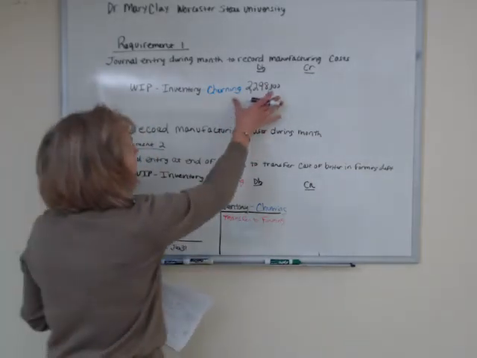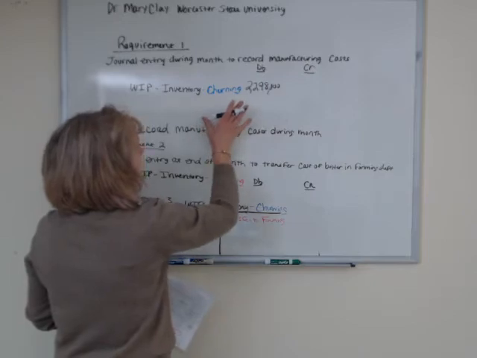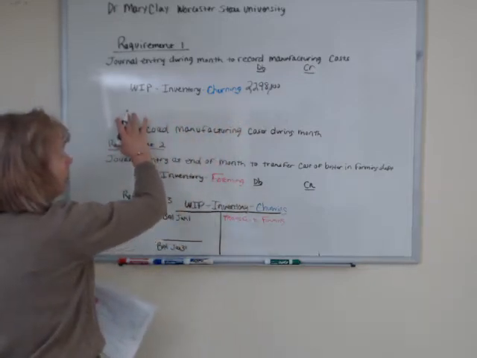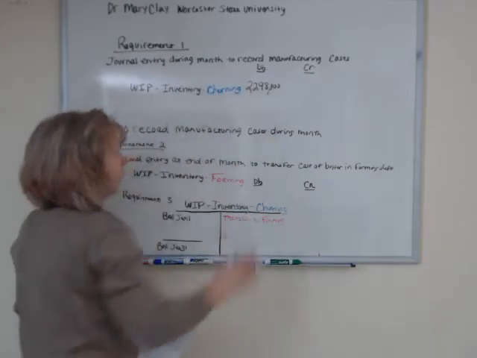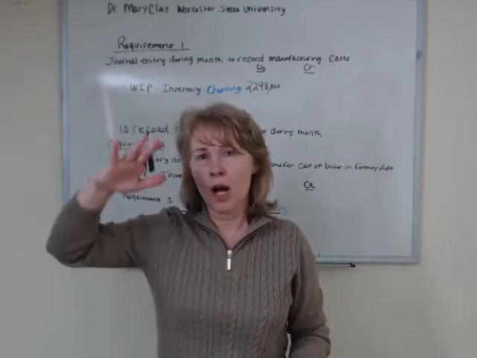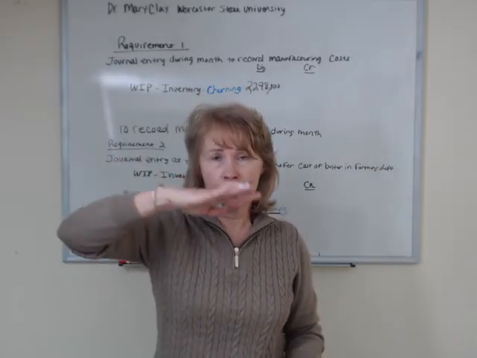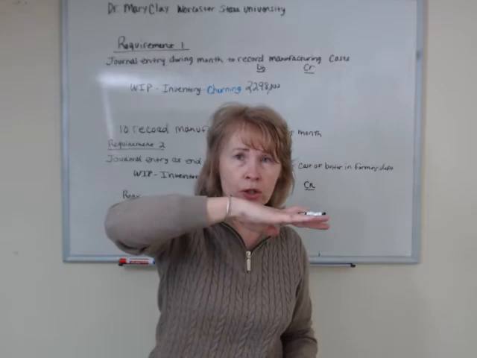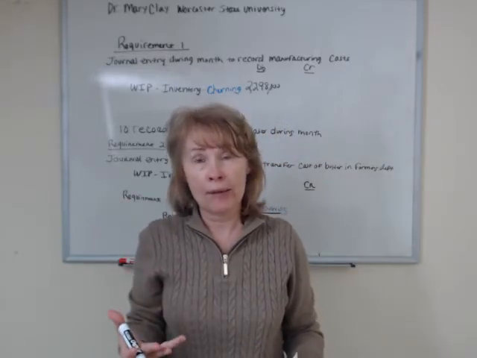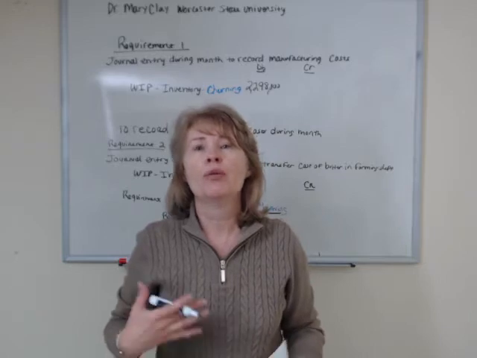Now what's happening is they're taking it from, for example, raw materials, and putting it into work in process. Remember the process: it goes from raw materials to work in process to finished goods and then finally sold. When we're working with process accounting, we work with the process.